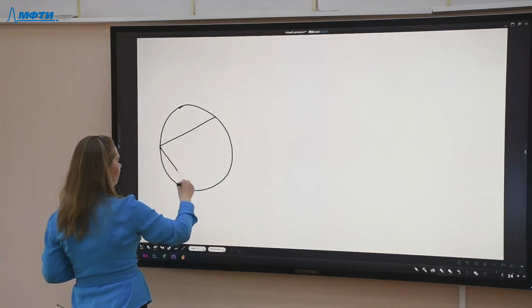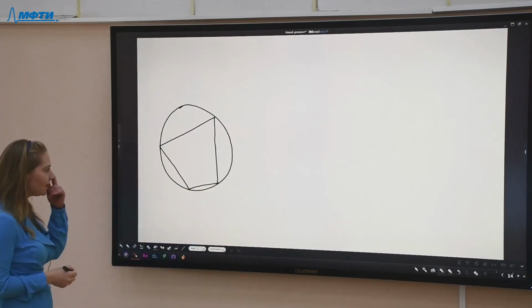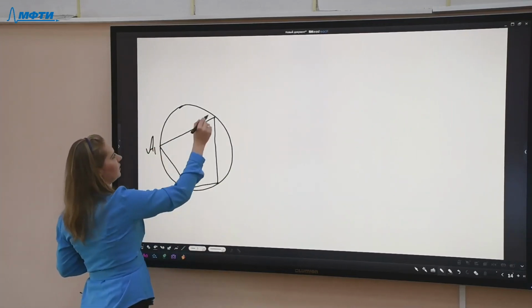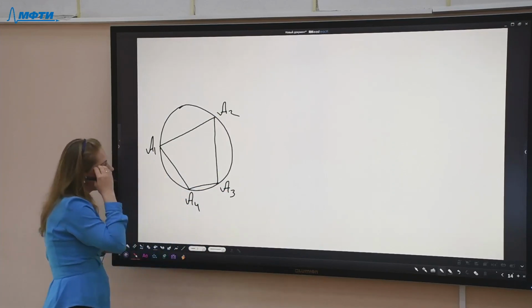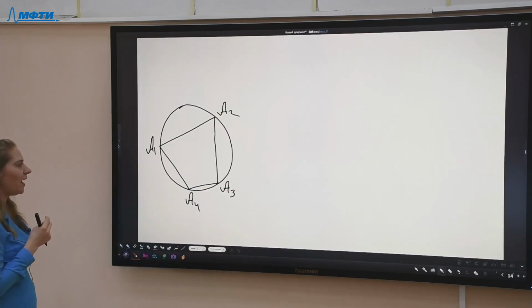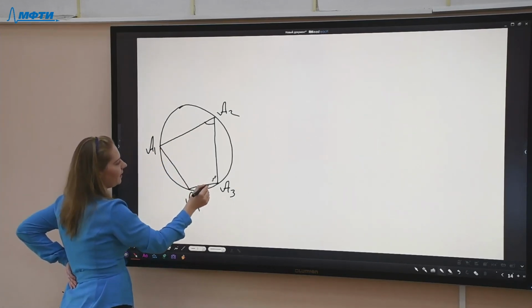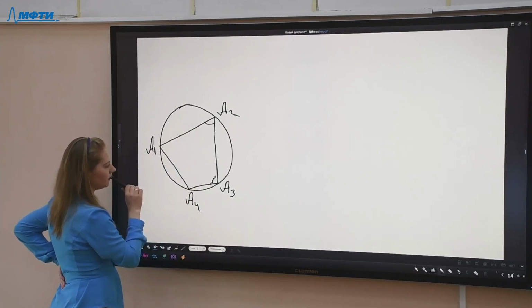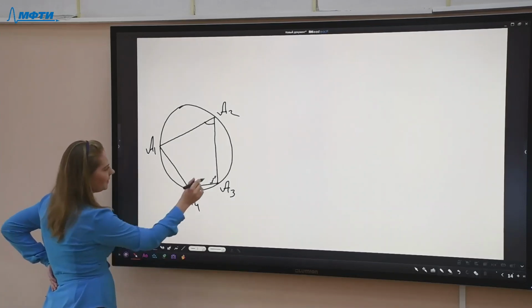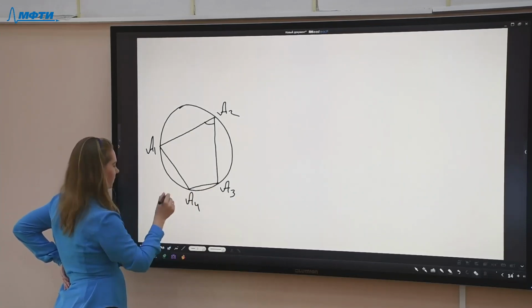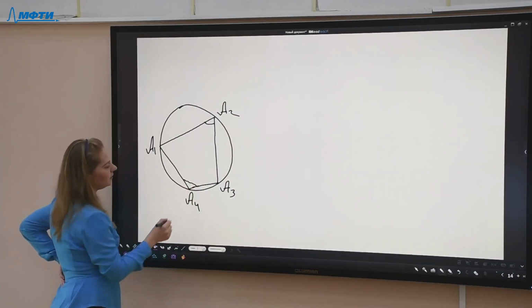And we have a quadrilateral. And we know that this quadrilateral is inscribed in this circle. A1, A2, A3, A4. We can say that consecutive angles, this and this, now we can say that opposite angles, this and this, they are 180 together.